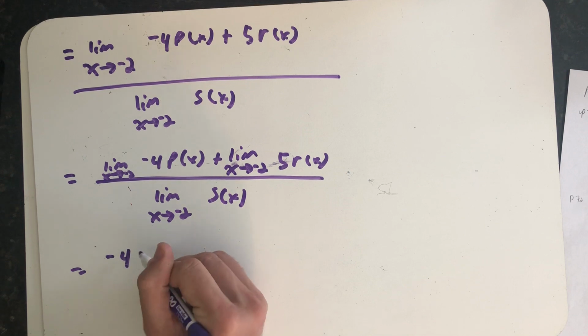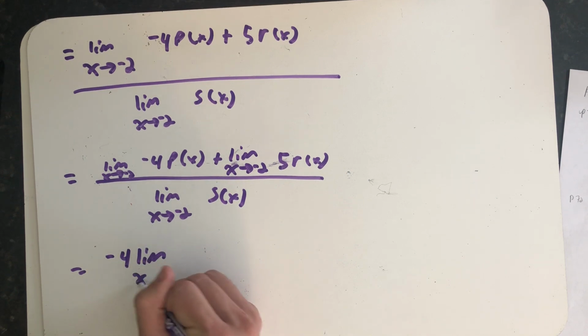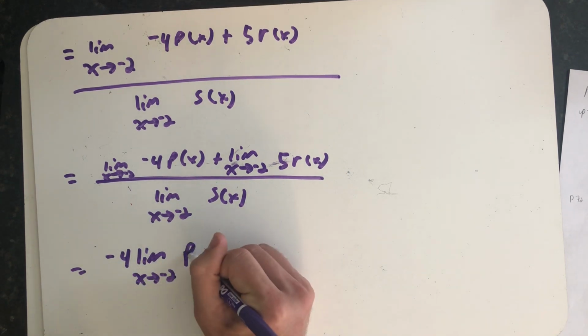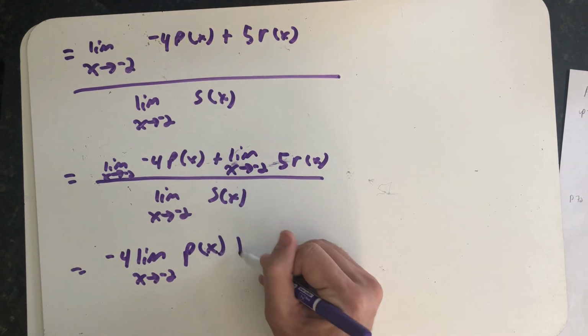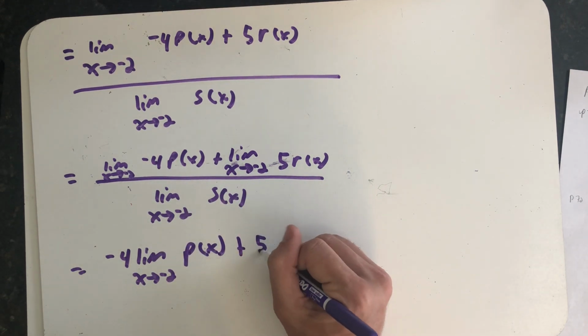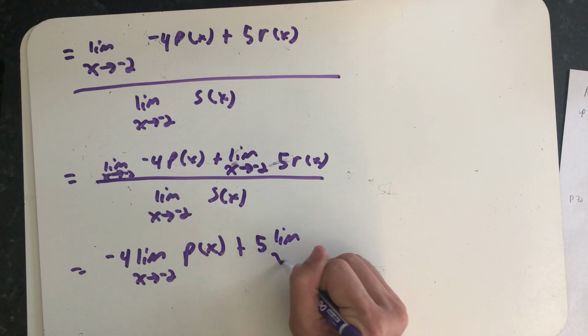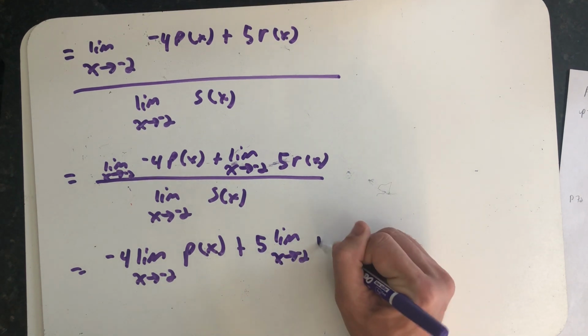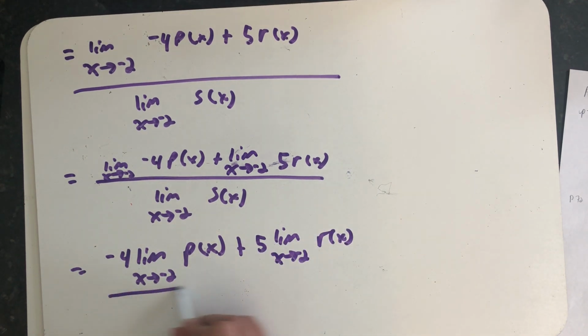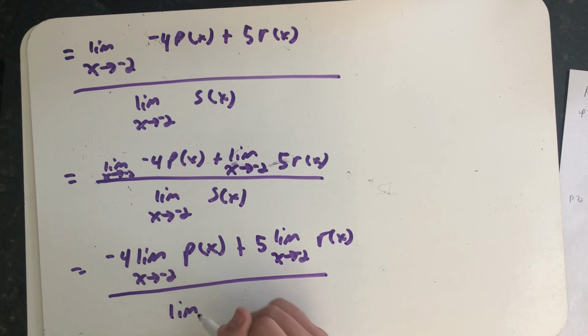That's my constant multiple rule. And this one, I can pull out that positive 5, again with the constant multiple rule. And now that I have all three limit statements written with just the functions on the inside, I can replace them with their individual values.